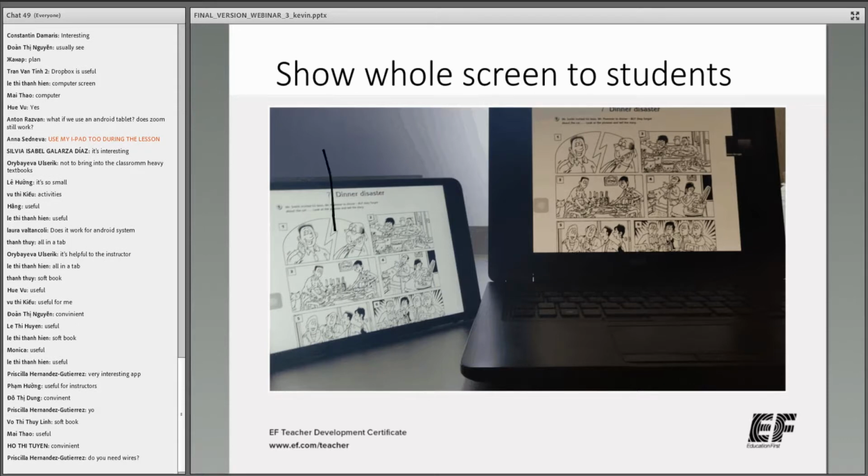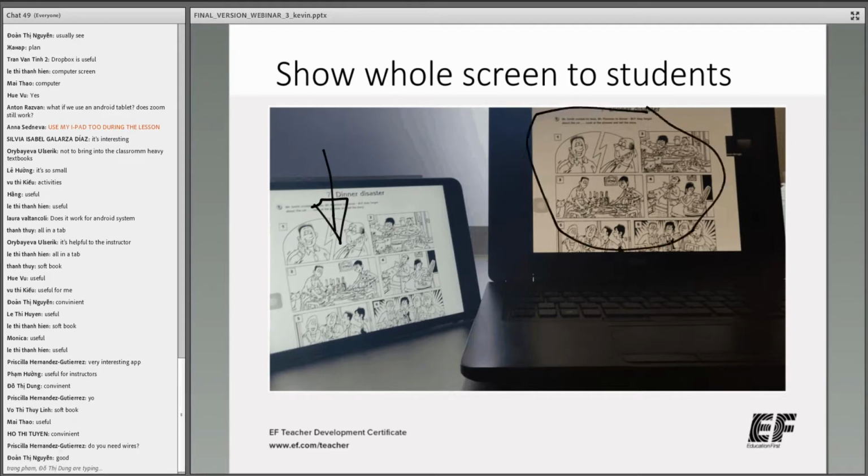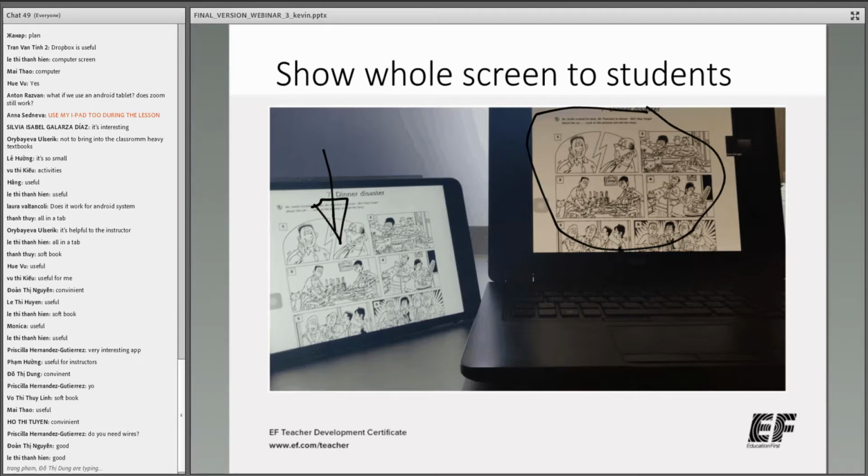So imagine that here on the left, I have my iPad, which has the pictures from the dinner disaster activity. Over here on the right, this is the computer screen in the class. So whatever is shown on my iPad on the left is mirrored on the TV classroom monitor.